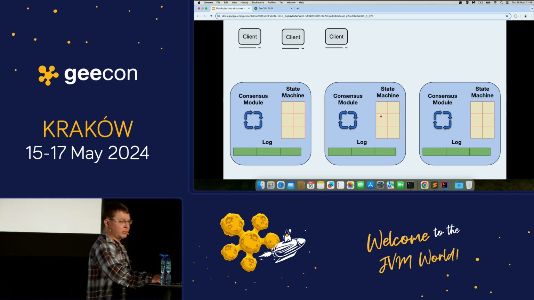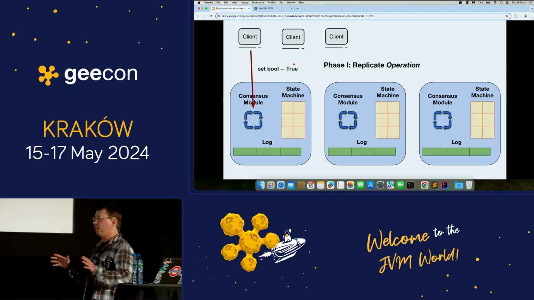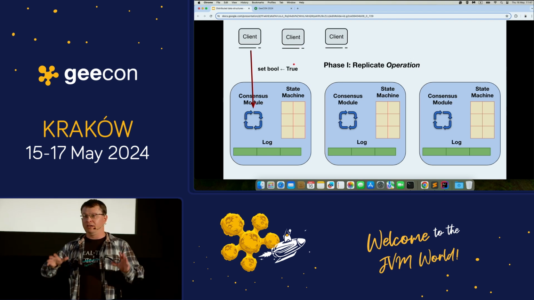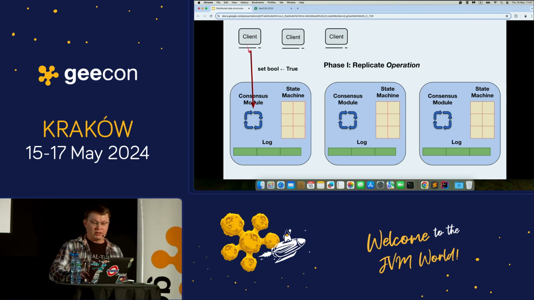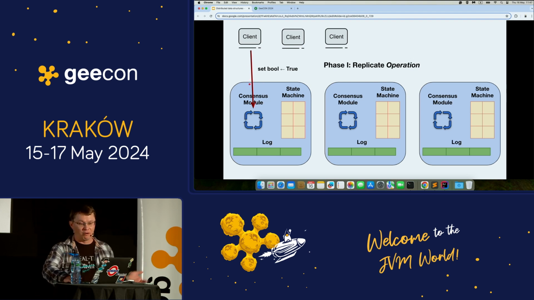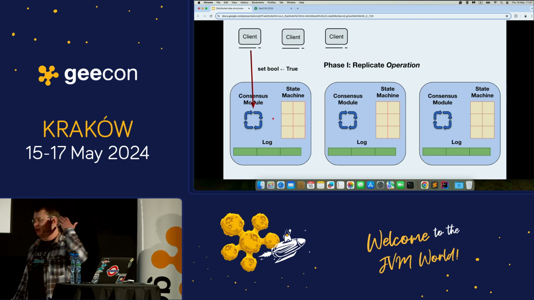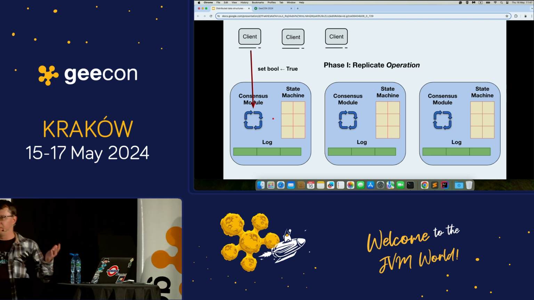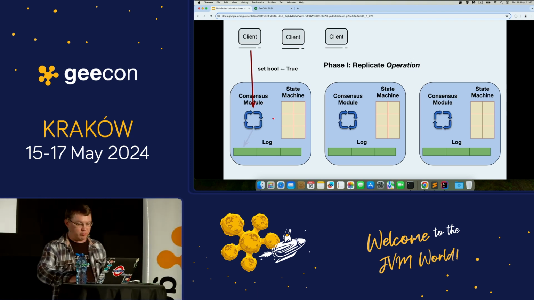Let's assume that client 1 would like to set a Boolean variable to true. This command will go to the consensus module of one of these instances. If you take the Raft protocol, for example, it will be the leader of the Raft protocol.